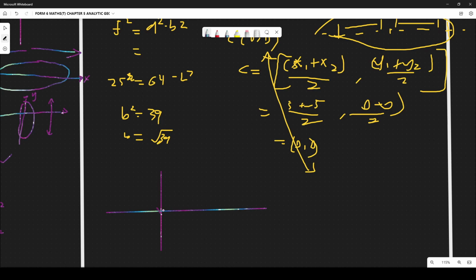Let's start from here. This will be the center. 5, right? 5, 8, and 8. Okay, so that's that. And then this will be what? Square root 39, 5 point something left. It will be negative square root 39.